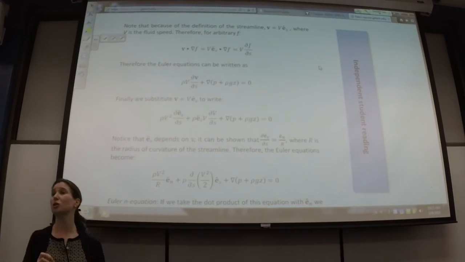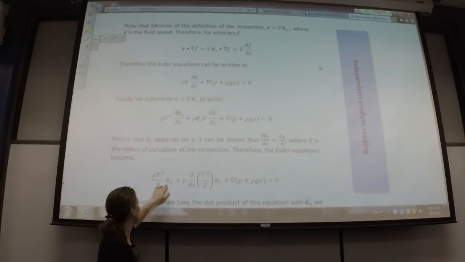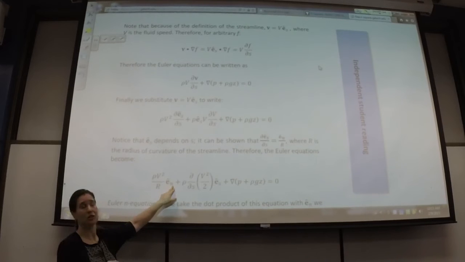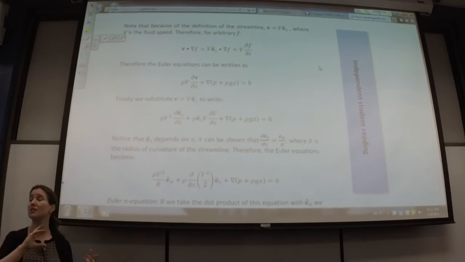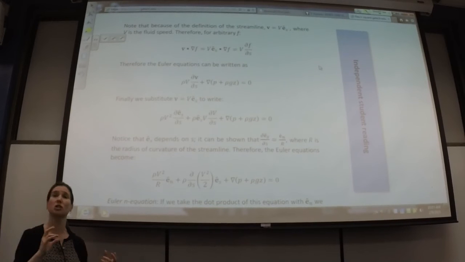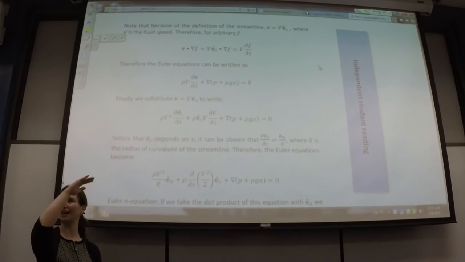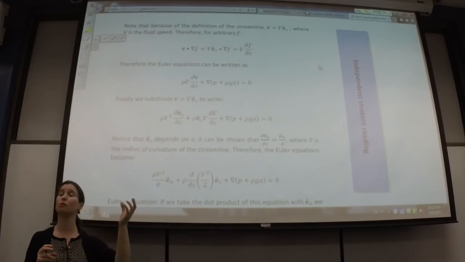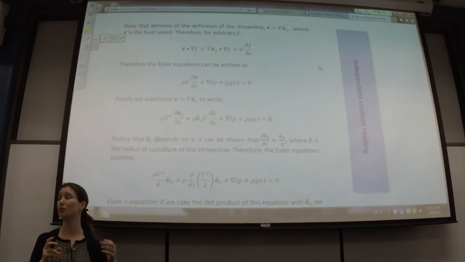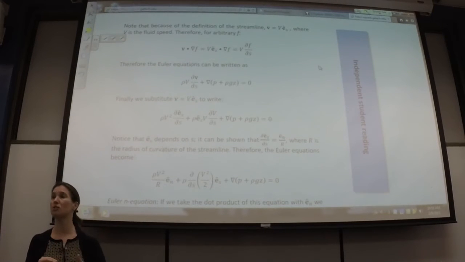And this is going to become really important when we get into the example later on in the class. So if you have something for your normal vector that's dependent on r, then eventually we're going to arrive at a relationship where you're going to have a pressure difference depending on where you are in that curvature of the streamline. And that in and of itself is going to influence the velocity that follows for a particle depending on where it is in that fluid flow.